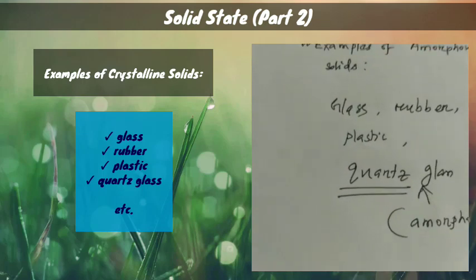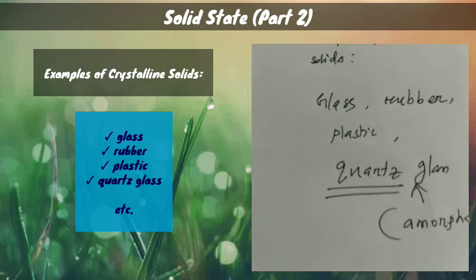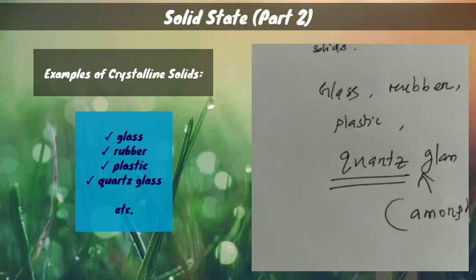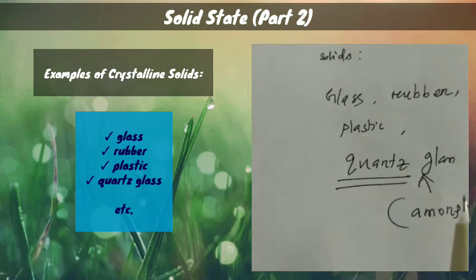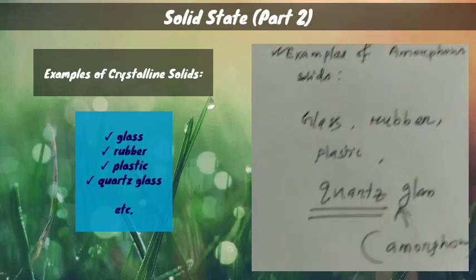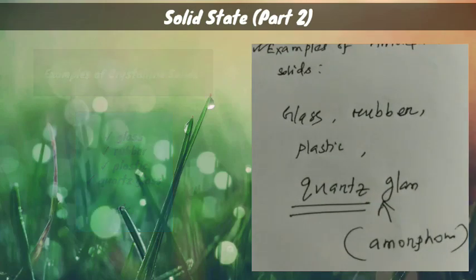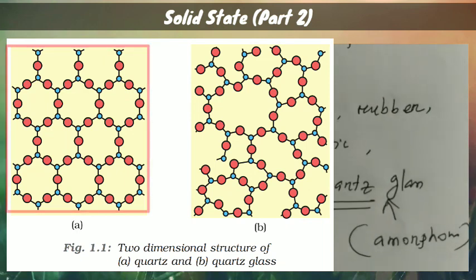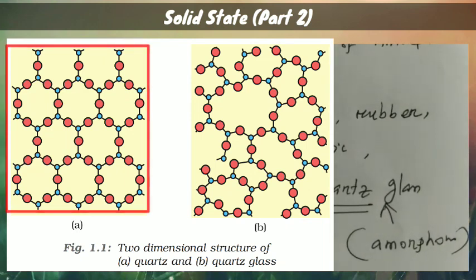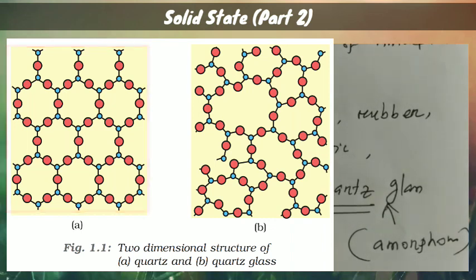Understand? I have given the images of quartz crystal and quartz glass in this presentation. On the left-hand side, figure 1.1 A represents quartz crystal, and figure B represents quartz glass.